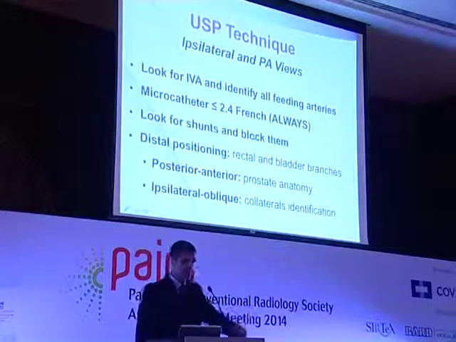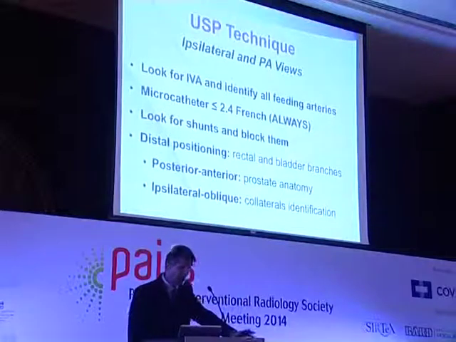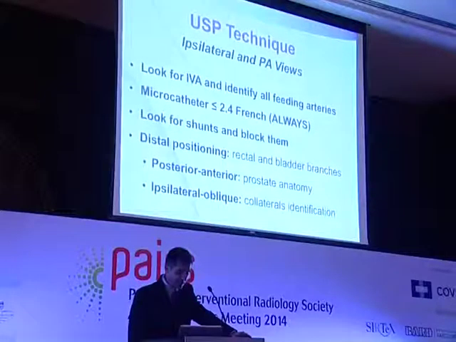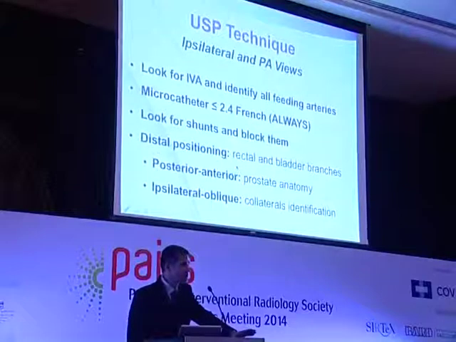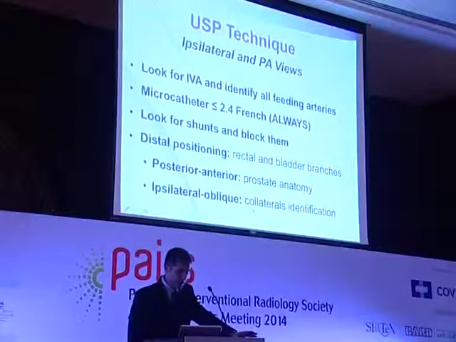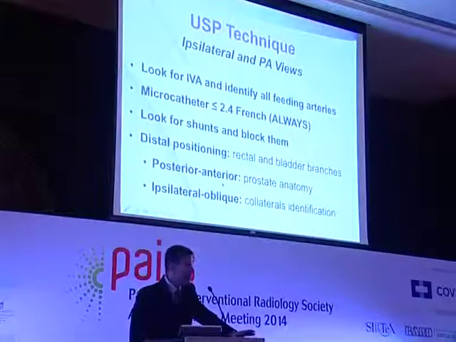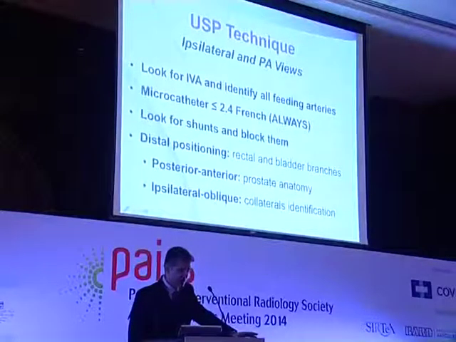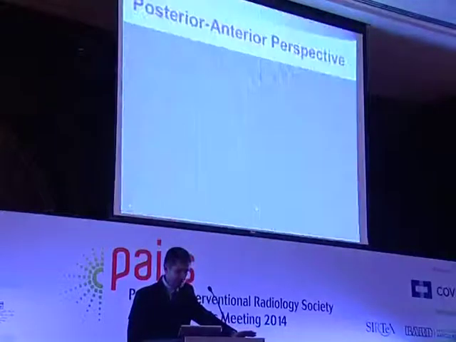You will see during my second talk today that we can have some serious complications, and we need to put the catheter very distal, past the bladder and rectal branches. Our complications are mostly related to the bladder and rectum, and we need to use both views. Posterior anterior is very useful for the anatomy of the prostate, and ipsilateral to identify collaterals.